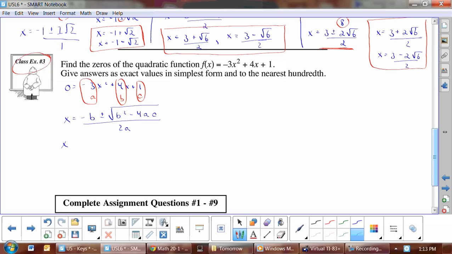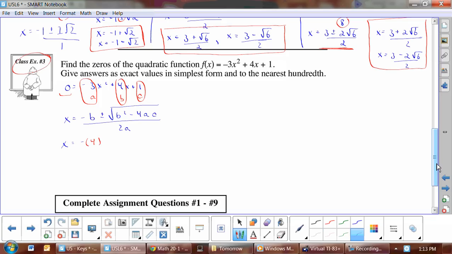Okay? So we substitute, because we're solving the x-intercepts, right? So finding the zeros, the x-intercept, or the roots are all the same thing. Okay?